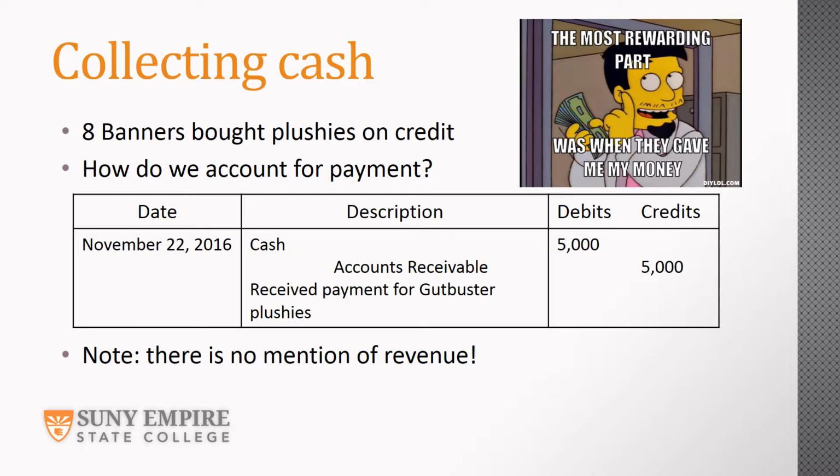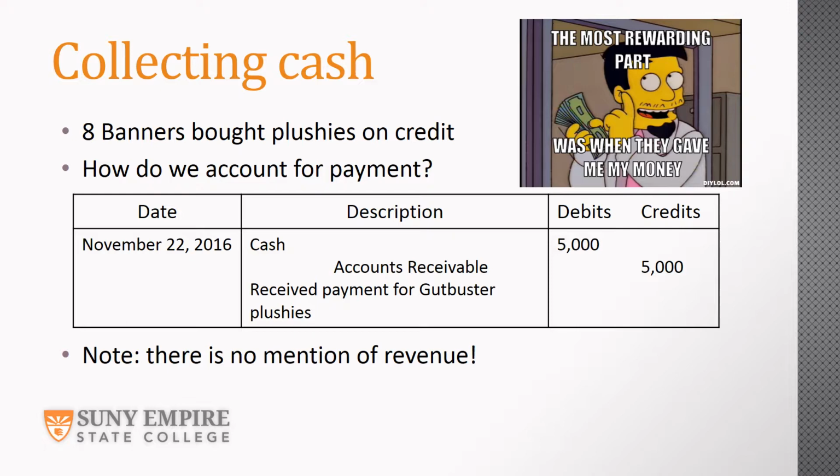As always, we start the entry with the date of the transaction. Next, we have the account that is debited. In this case, since Polly's Plushies is gaining cash and assets increase with debits, we have a $5,000 debit for the asset account, cash. But what account is credited in this transaction?